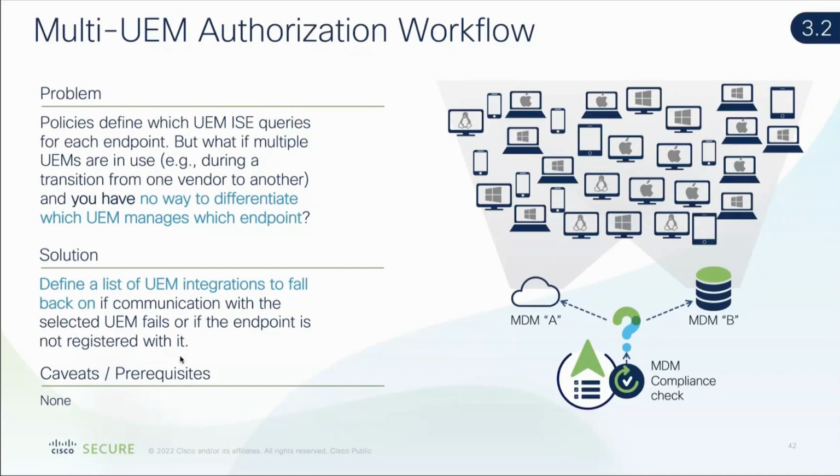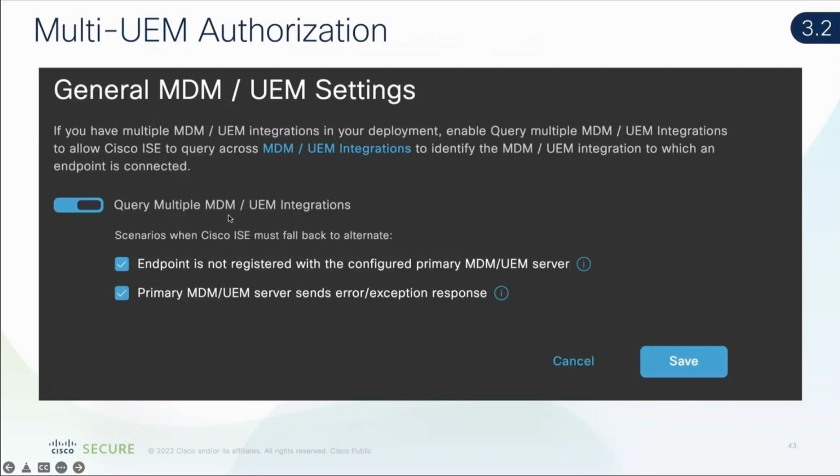In such cases, you can enable this multi-MDM authorization workflow to fall back to another MDM store. You enable this setting so that when the endpoint is not registered with the first MDM in the list, it queries the second MDM vendor.